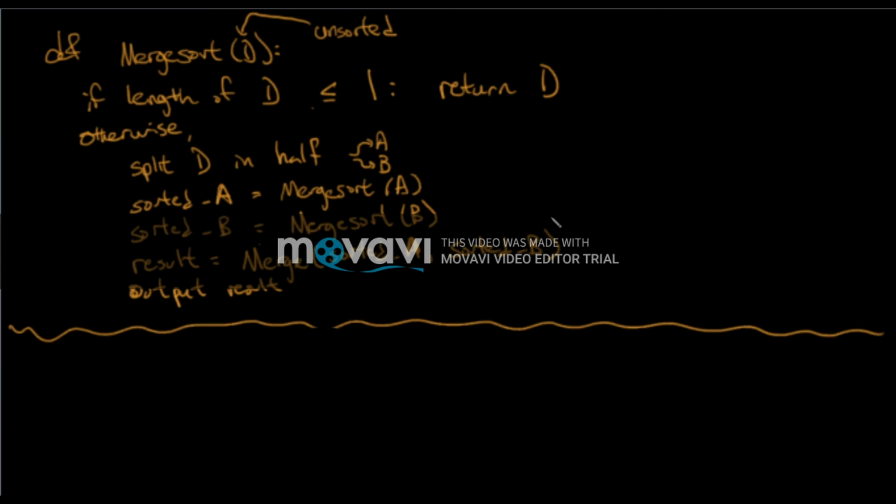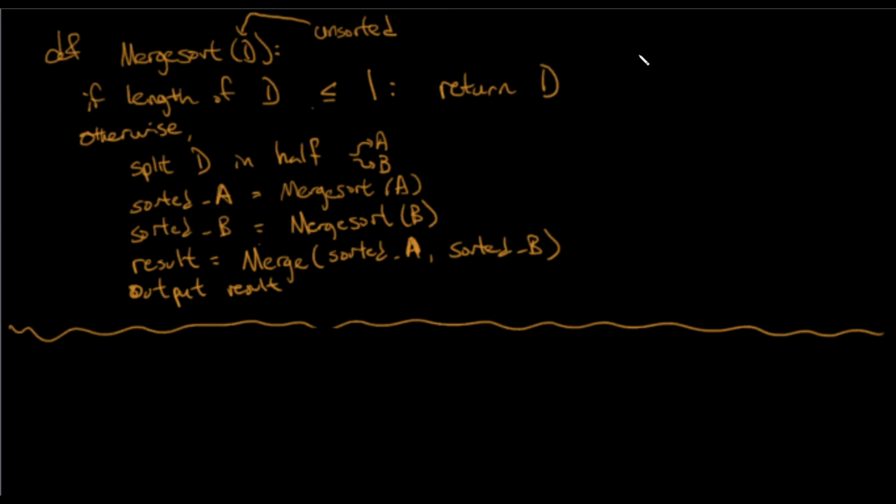Let's go over the runtime of Mergesort, this Mergesort operation that we came up with in the last video. I'm just going to go line by line here and write down what the runtimes are for each line and then add them up.